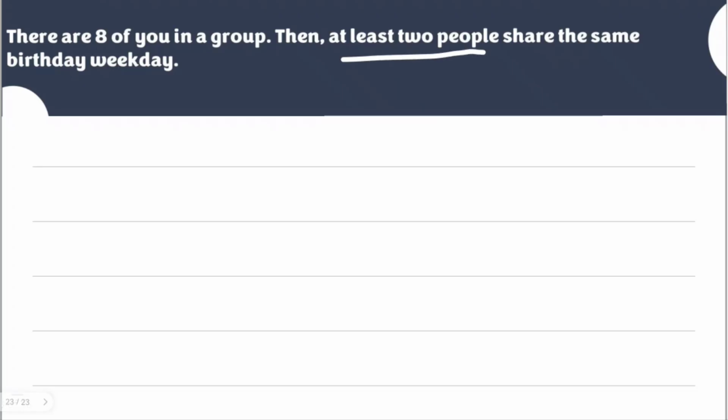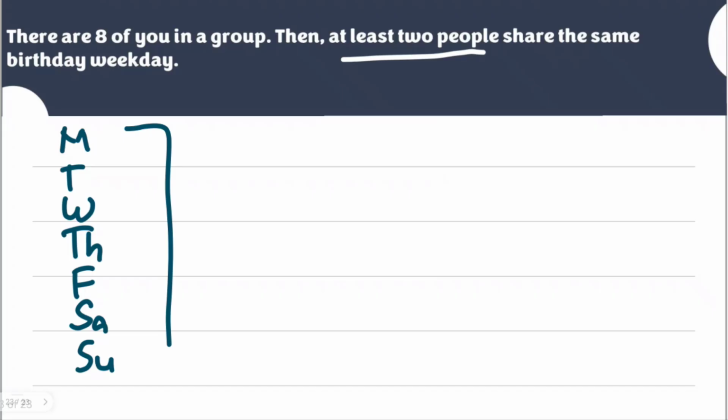the same birthday weekday. We know that there are 7 weekdays: Monday, Tuesday, Wednesday, Thursday, Friday, Saturday, and Sunday. We have here 7. These are your weekdays, and these are your pigeonholes.